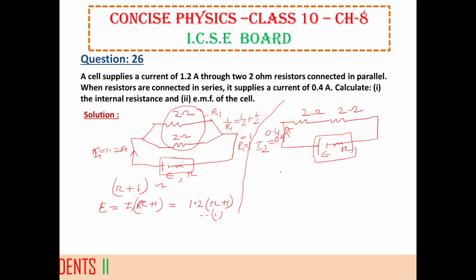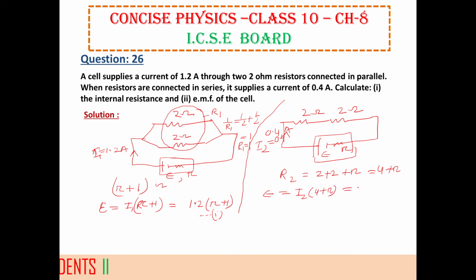Now in this case also we can find the total equivalent resistance. If it is R2, then we get 2 plus 2 plus r, that is 4 plus r. In the same way, applying Ohm's law, E equals I2 into 4 plus r.